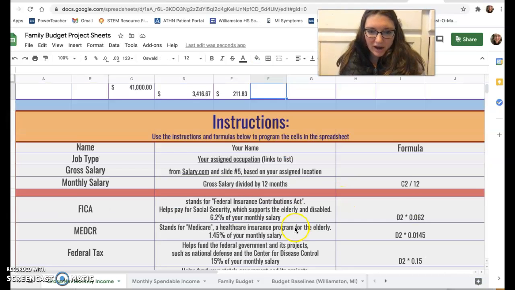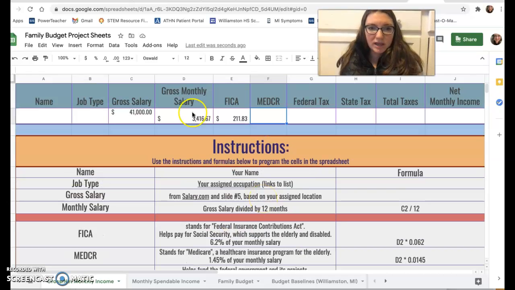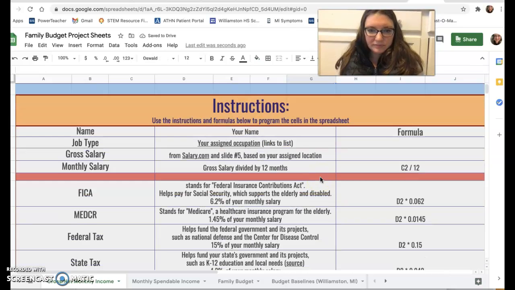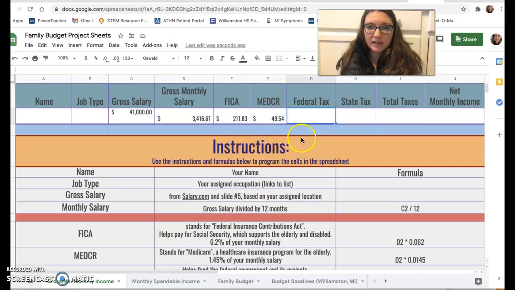Okay, so Medicare is 1.45% of your monthly salary, so that's going to be equals, I always forget to do the equals, equals this one times 0.0145. Okay, enter. The federal tax is 15% of your monthly salary, so that's equals this times 0.15.